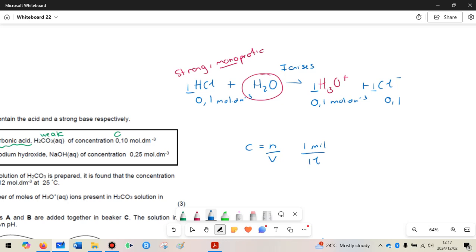When this breaks up, I will still have 1 million H's, because every HCl will break up and give me one H, and also 1 million chloride ions. So my concentration of H will be 1 million per liter, and my concentration of chloride will also be 1 million per liter. So the concentration stays constant. That's crucial. With strong acids and bases, the concentration of your acid is equal to the concentration of your hydronium ions.